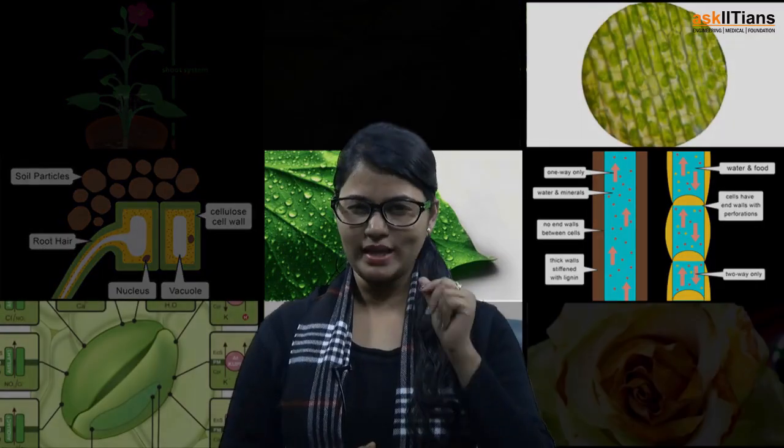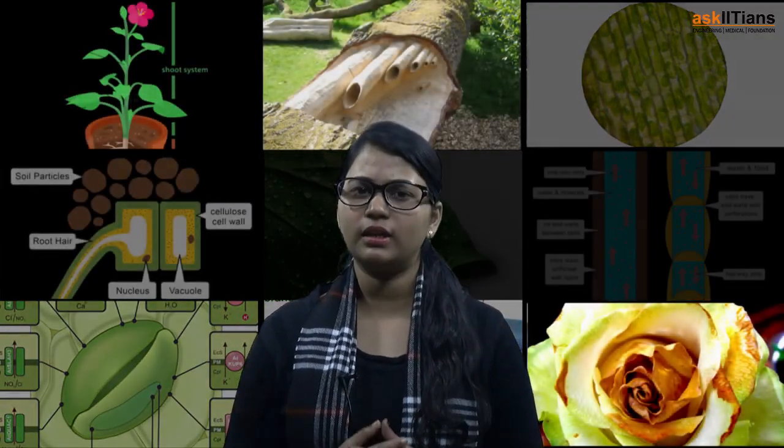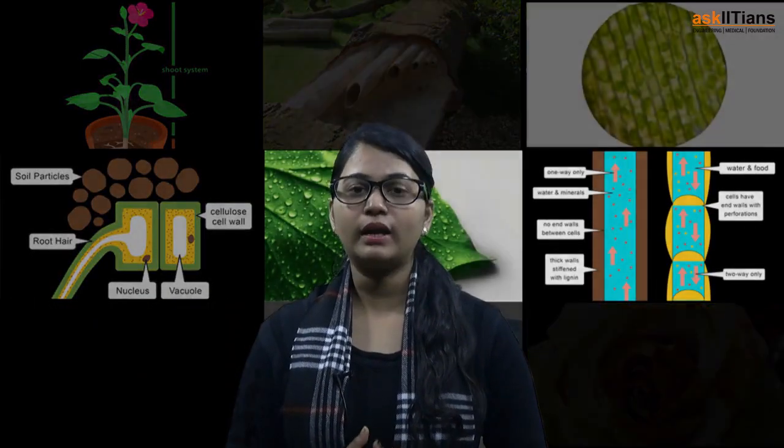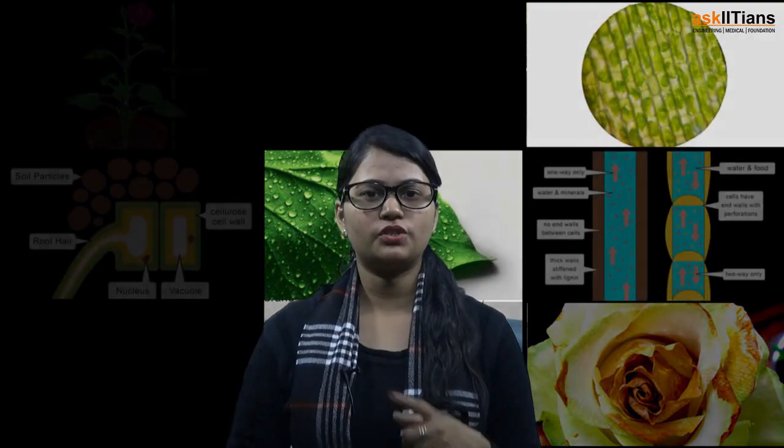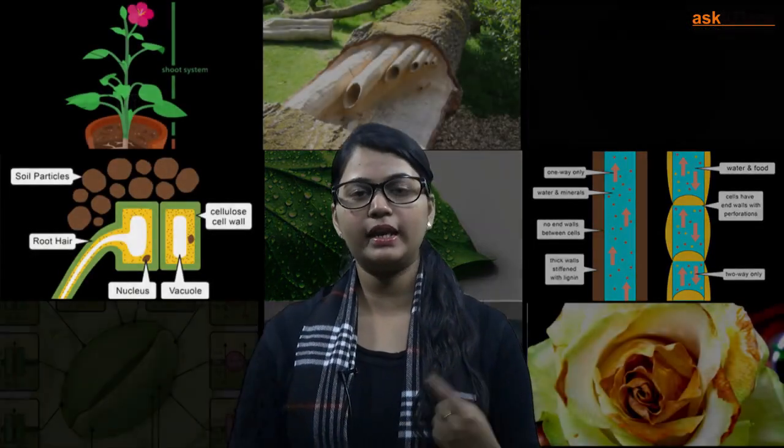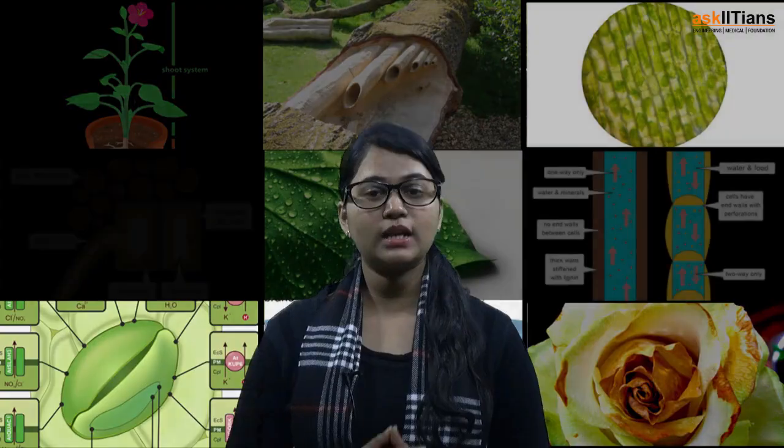It's quite confusing and it will take a little time for you to understand, but it's okay. Just revise this portion again and again and then you will get to know it completely.